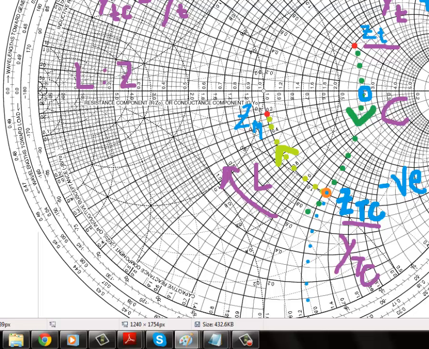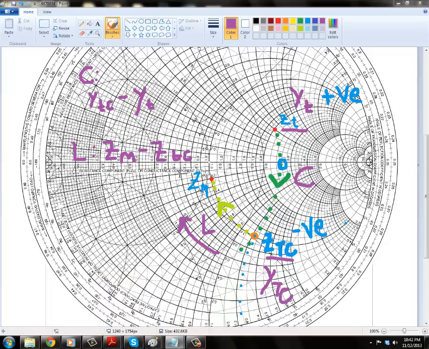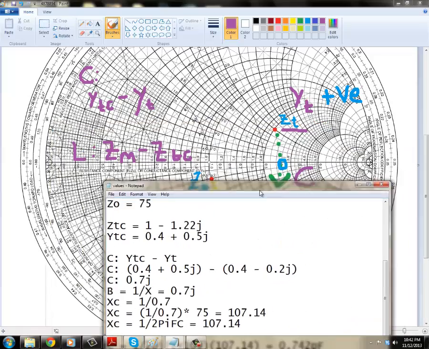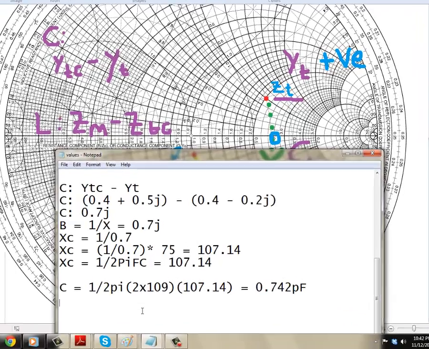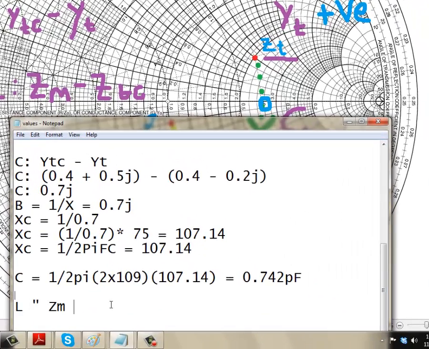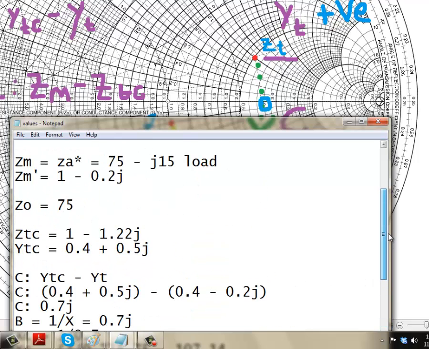Here we see that it will be ZM minus ZTC. Simple as this. So for the inductor, it will be ZM minus ZTC. For the inductor, we know our ZM was equal to this.